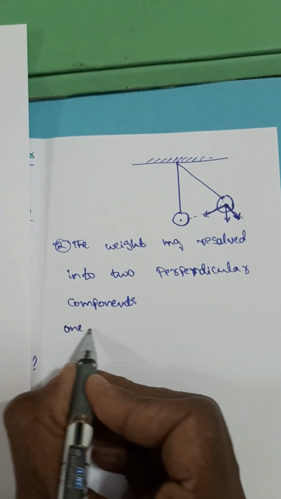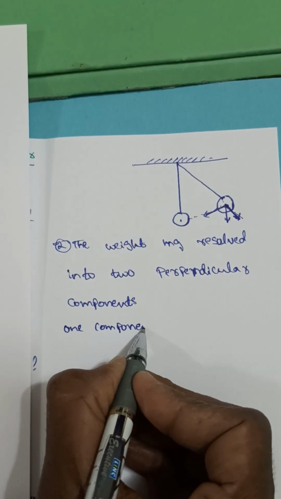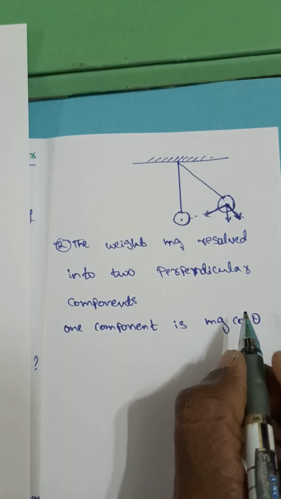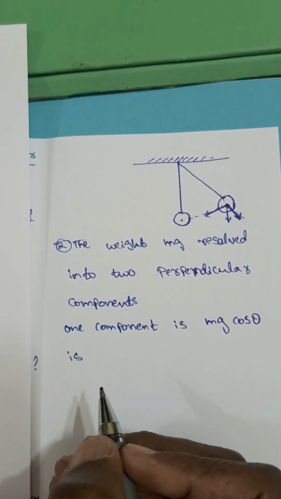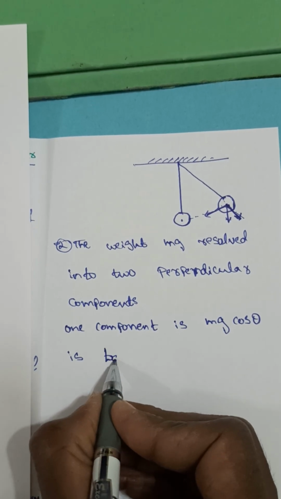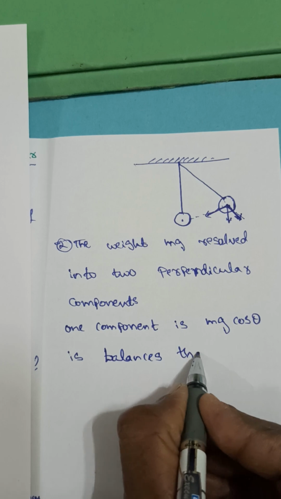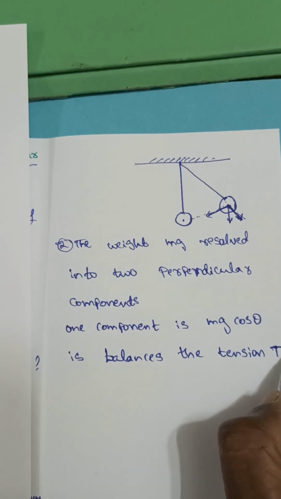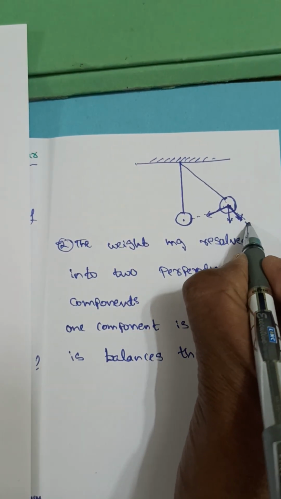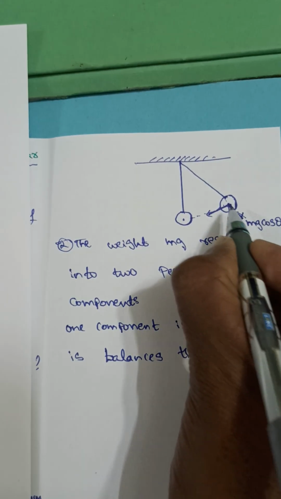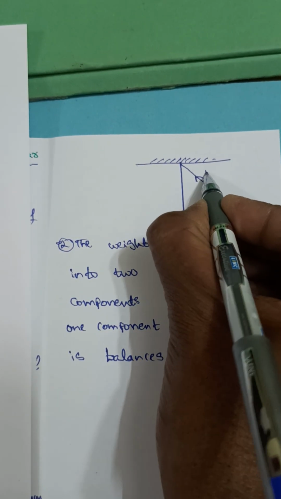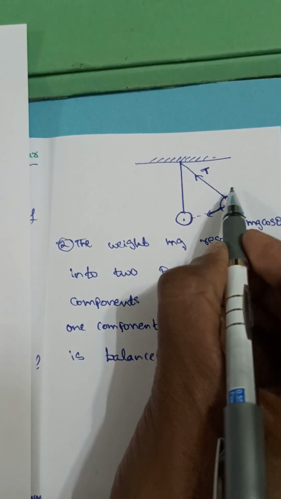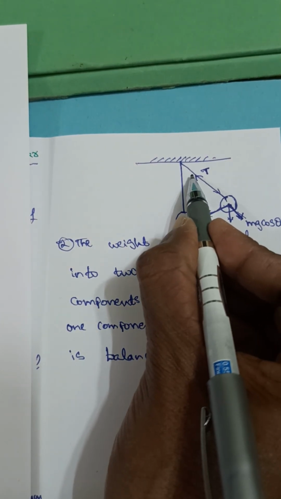One component is mg cos theta, balances the tension capital T. See here, it is mg cos theta in this direction, so in the opposite direction tension capital T is balancing mg cos theta.